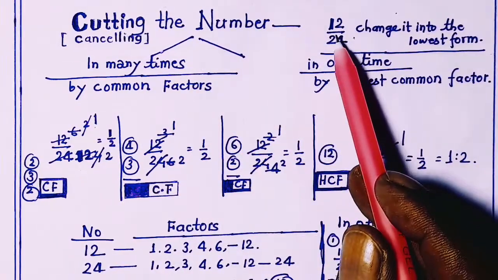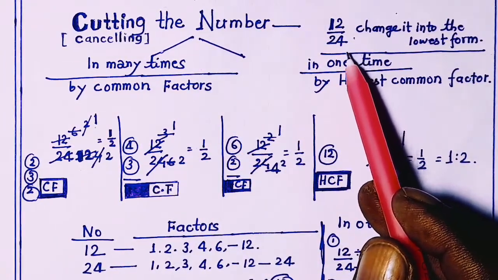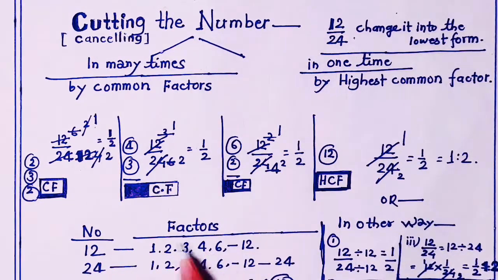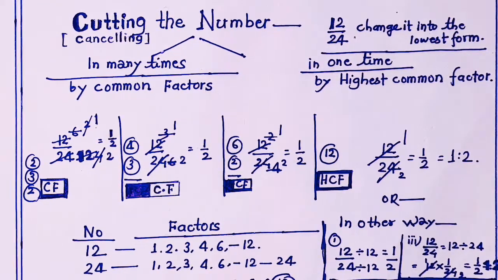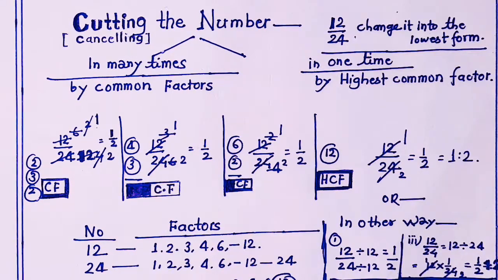The number is 12 by 24. The factors of 12 are 1, 2, 3, 4, 6 and 12, and the factors of 24 are 1, 2, 3, 4, 6, 12 and 24. So the common factors are 1, 2, 3, 4, 6, 12 and the highest common factor is 12.